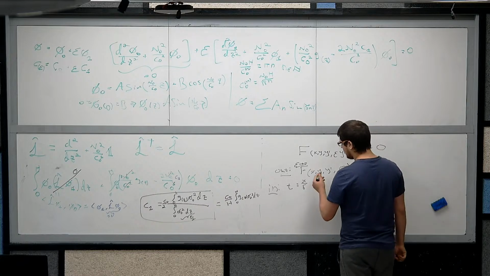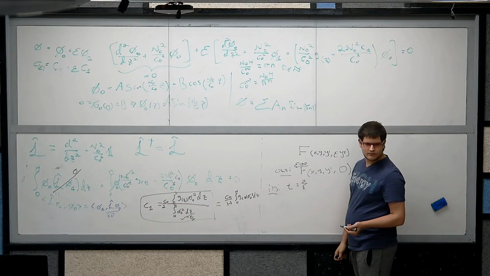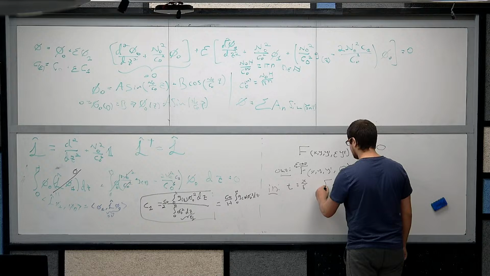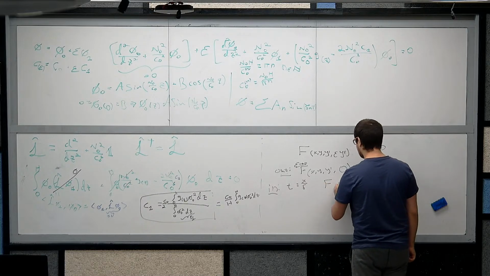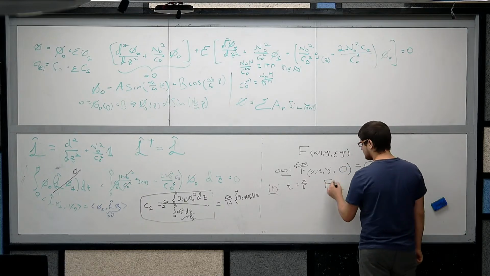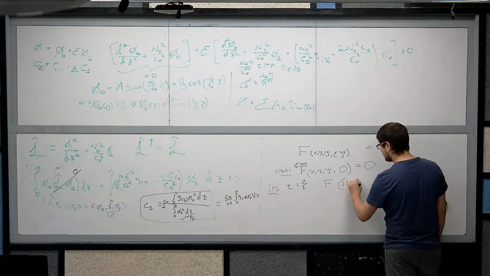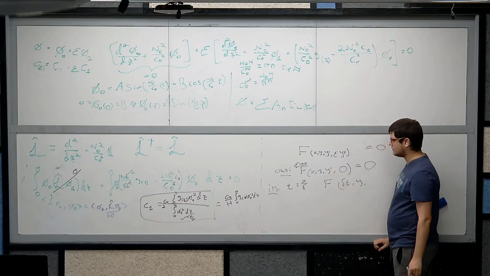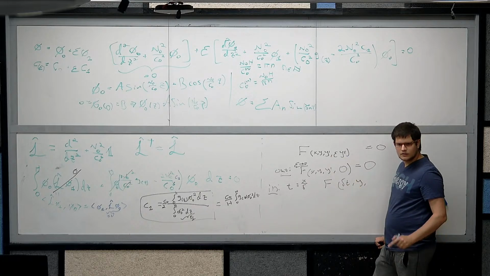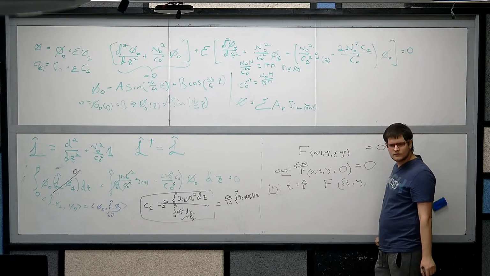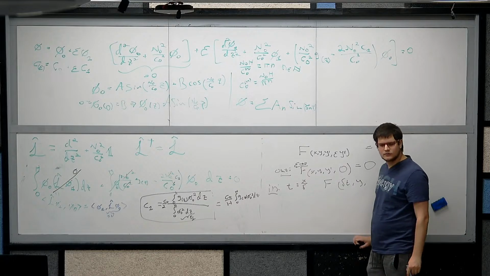So you do that thing. Delta is just the small scale of our solution. The width, we already defined it, so now I don't need to spend time on that. And now I will denote with dots the derivative with respect to t. So what we get is x equal to delta t. Now what is y prime? We want to write that as a derivative with respect to t.